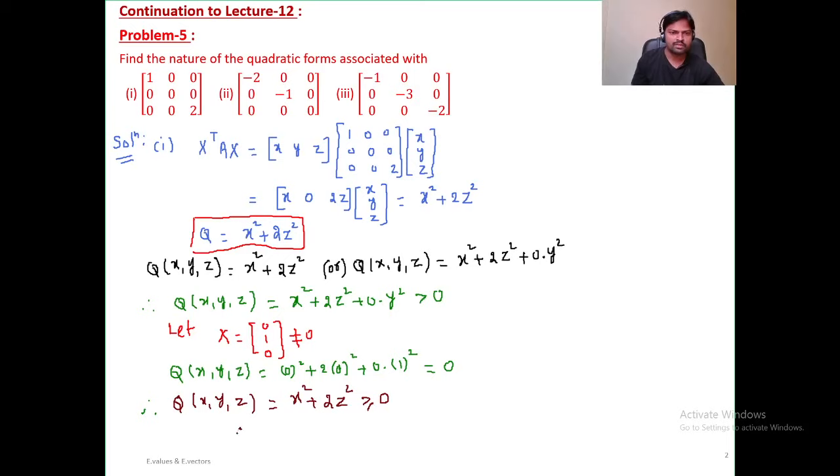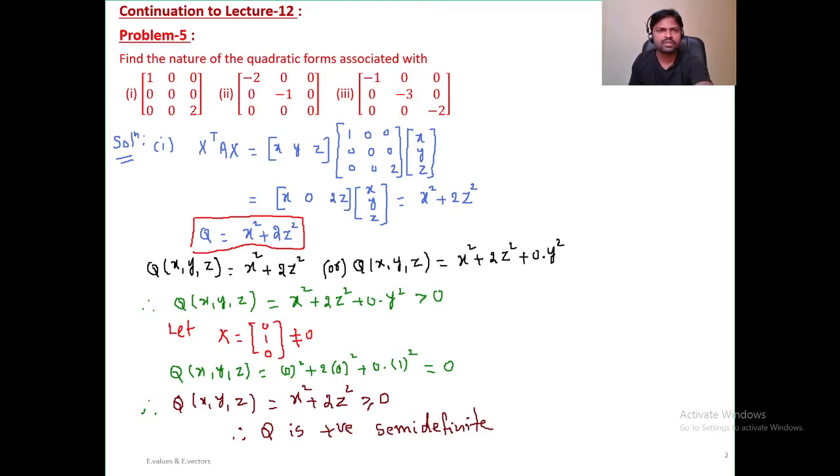Therefore the final comment is that q is positive semi-definite. Okay, so this is the classification of the first matrix quadratic form.